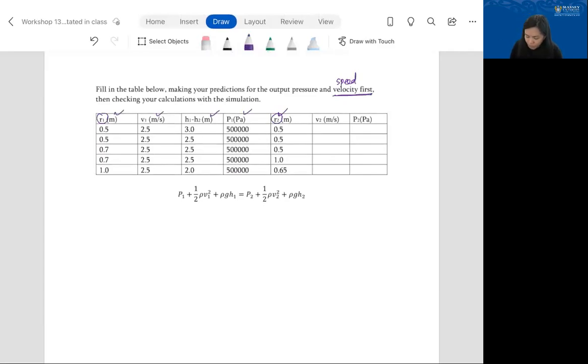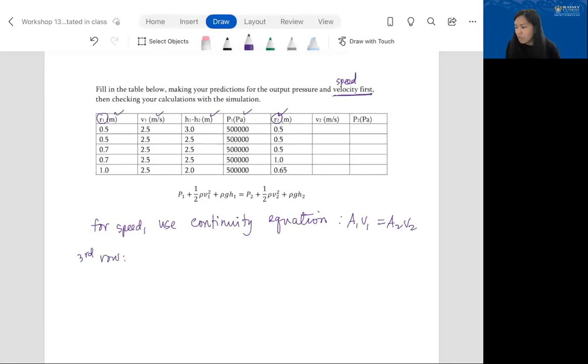So for speed, use continuity equation. And I'll just use the third row as an example here. Right.